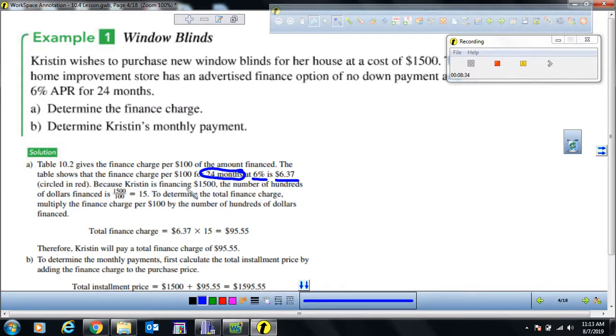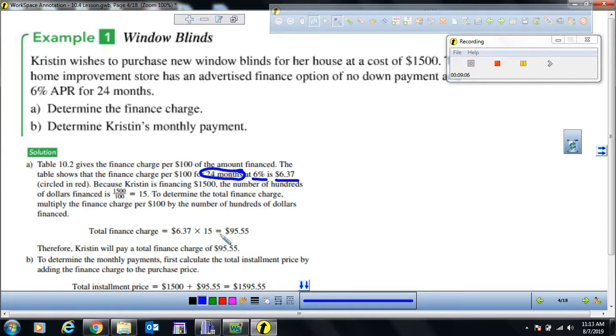Because Kristen is financing $1,500, that's the total. The number of hundreds of dollars financed, you find by dividing the total amount financed by 100, so there are 15 hundreds in $1,500. To determine the total finance charge, all we do is multiply the finance charge, the $6.37 that we figured out from the table, times 15, because 15 represents the hundreds in $1,500.